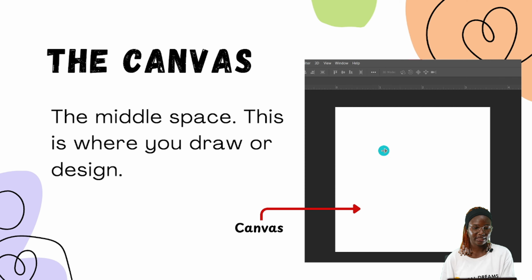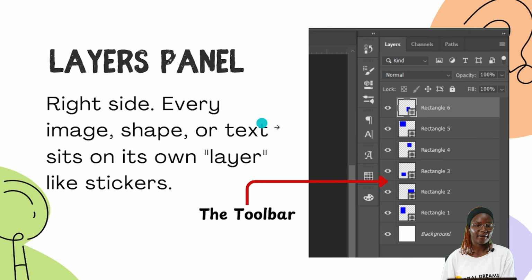Okay, the middle space. All right, the layer panel, which is the right side. Every image, shape, or text sits on its own layer, like stickers. Okay, anything that you draw, all right, or you import into Photoshop has its own layer. All right, and this layer you can manipulate or manage however you want to.